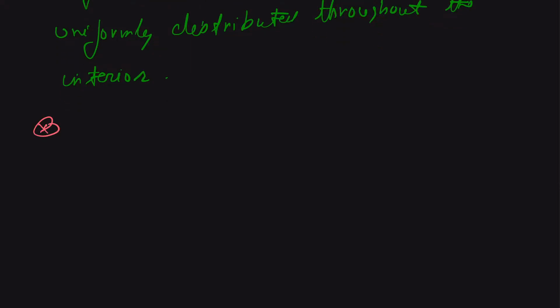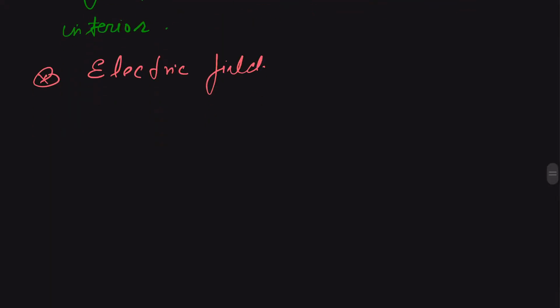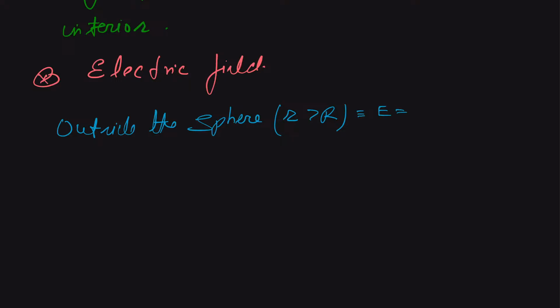We can say the electric field outside the sphere, for a radius r greater than the radius of the sphere, is E equal to Q over 4 pi epsilon naught r square.